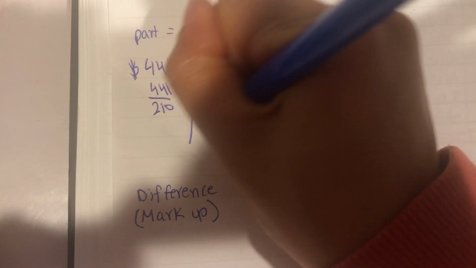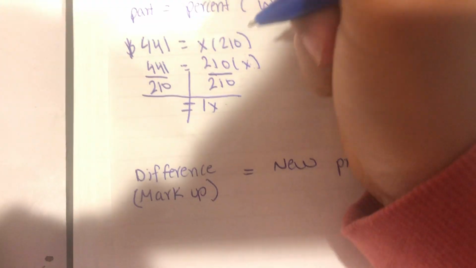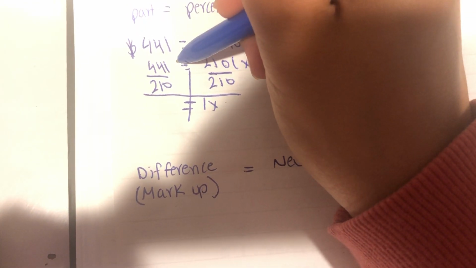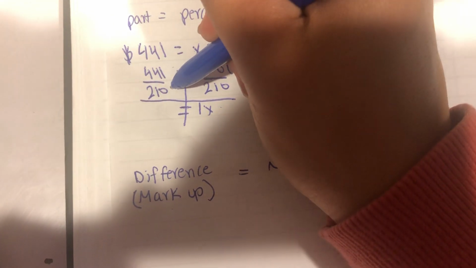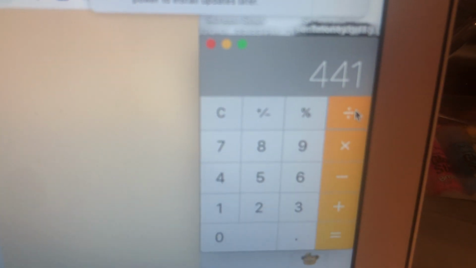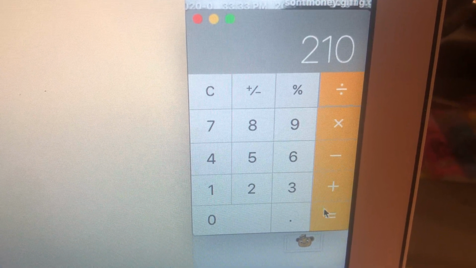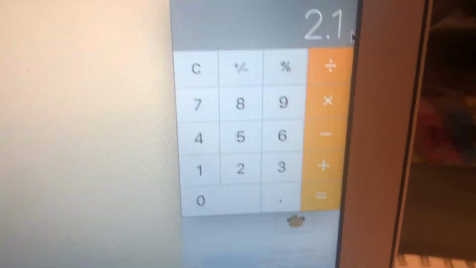And what I get is 1x equals 441 divided by 210. So when we put this in our calculator, you write it exactly that. 441 divided by, like I said, a big number, 210. And what we get is 2.1.